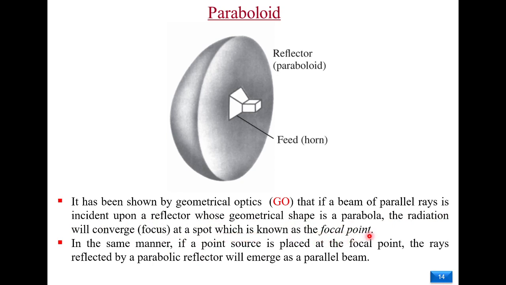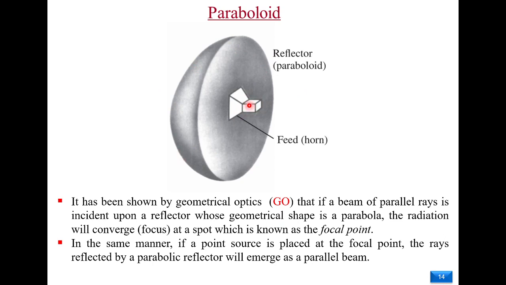So this is the idea of this satellite receiver. You have a surface, and this surface is pointing towards the satellite. The satellite is very far, so the electromagnetic waves coming from the satellite are coming in parallel. So it will be collected, similar to an optical reflector, and focused on the focal point, so that we are collecting a large amount of signal and can get a good signal.